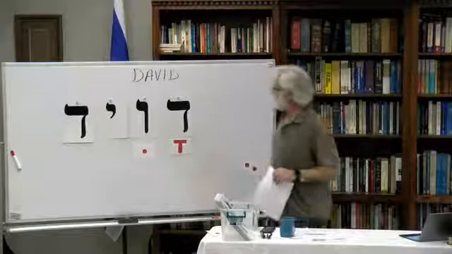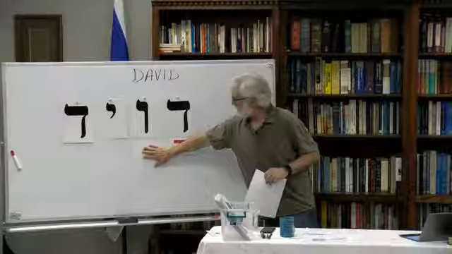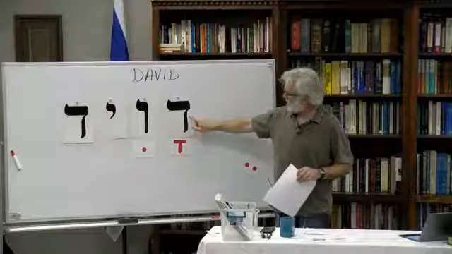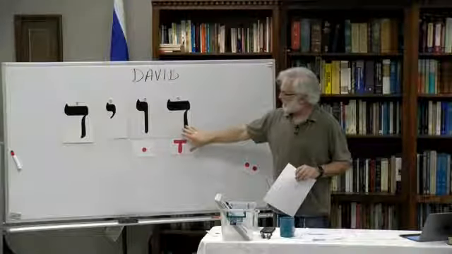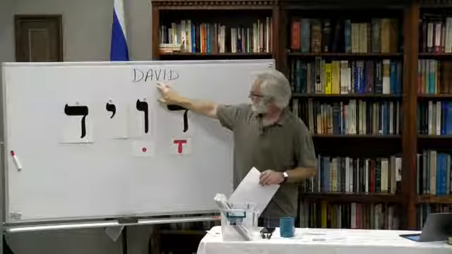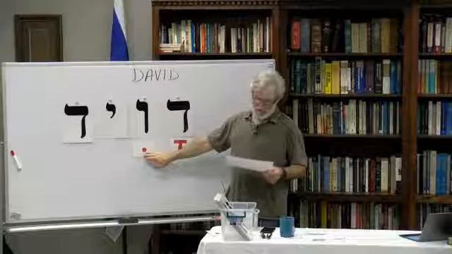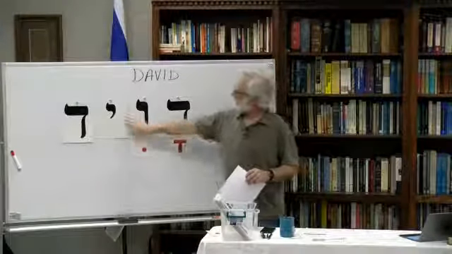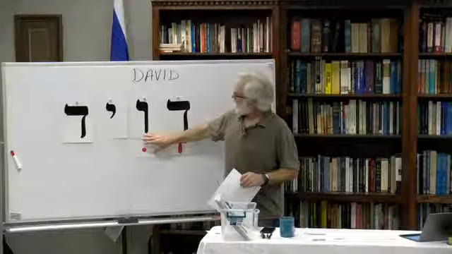Now we have this vowel sound, and the way that we're going to read this is, you know that this makes the D sound, you know that this is ah, so you have da. We know that this represents our V sound, and this, if you look at your chart, is what vowel? The Hirik Yod, and it makes the E.